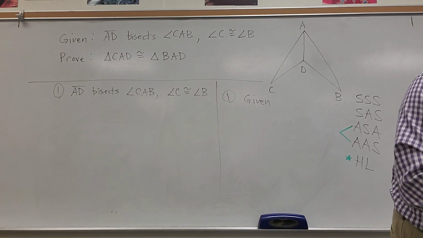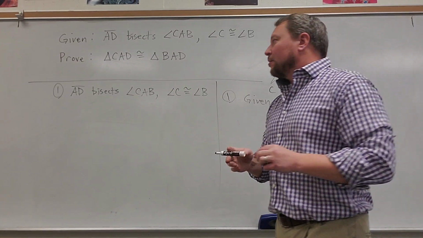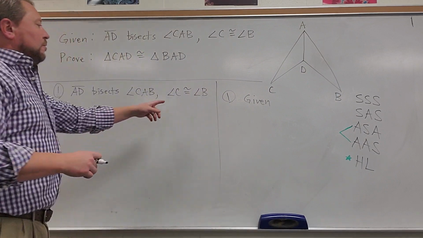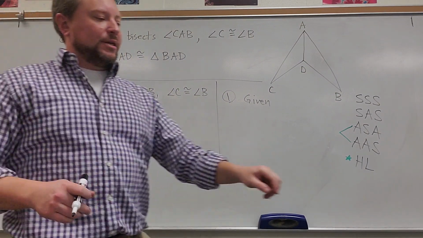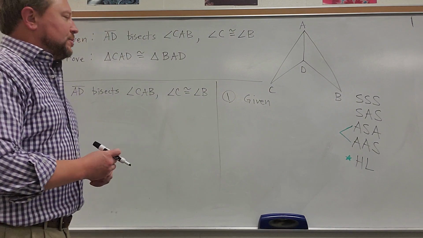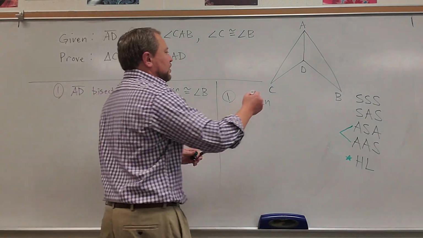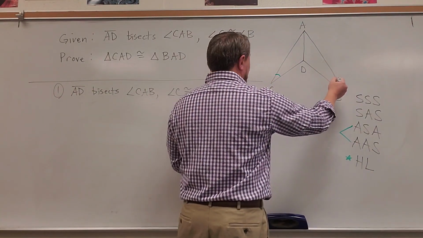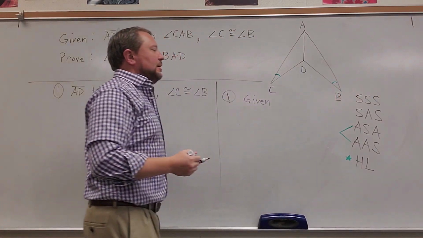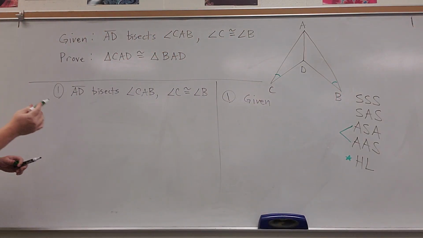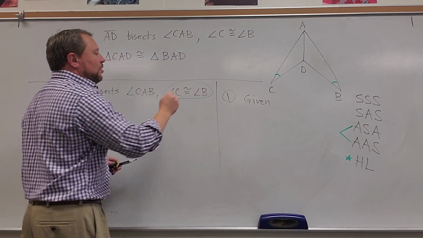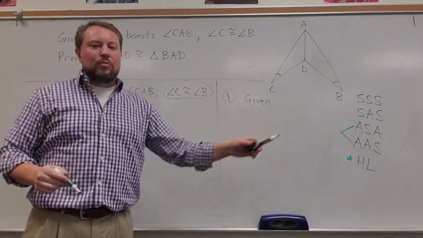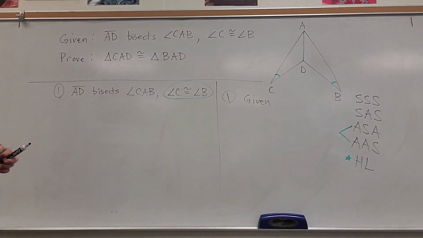One of our givens already just flat out gives us some congruent parts, gives us a pair of angles that are congruent. So I'm going to go ahead and mark that on my drawing. That's an easy thing to mark, and it gives me one pair of parts congruent already. We just need two more to prove triangles congruent.